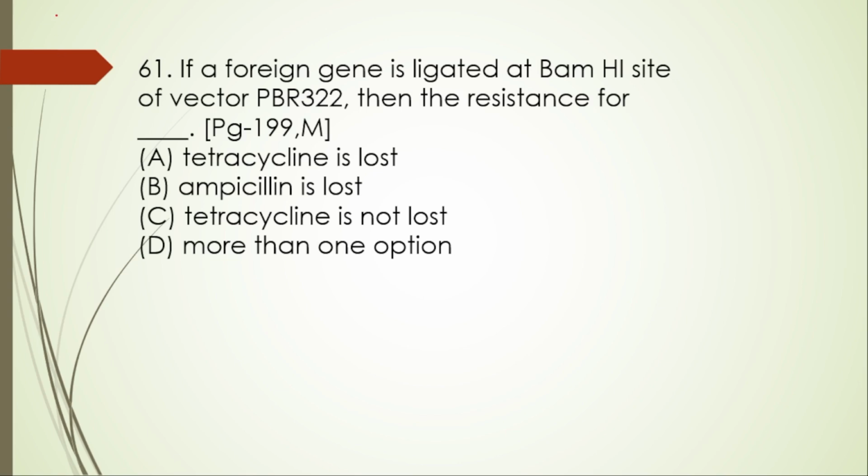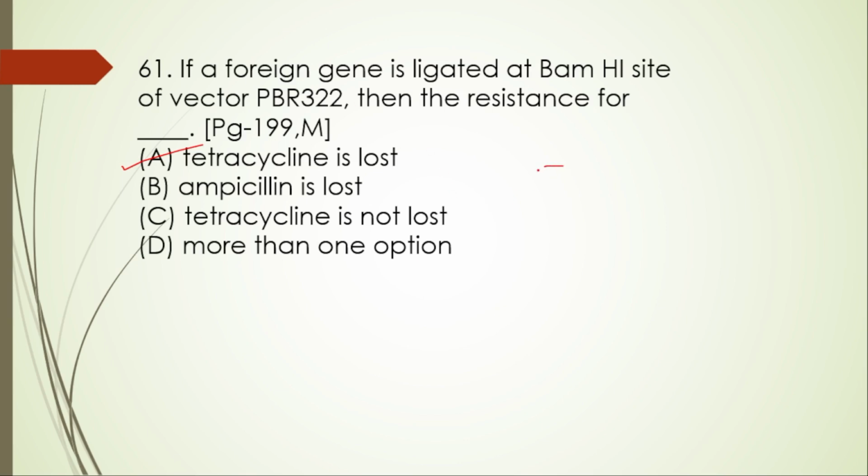So here the right option is option A, tetracycline is lost, because the vector pBR322 contains two primary antibiotic resistance genes that serve as selectable markers, that is ampicillin and tetracycline. The restriction site for the enzyme BamHI is located in the tetracycline gene.